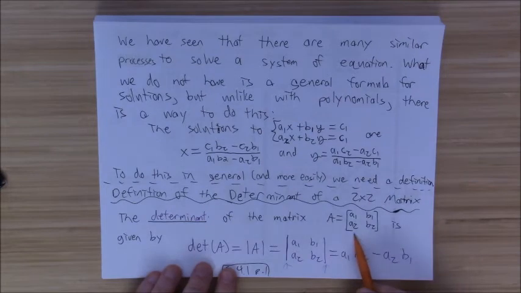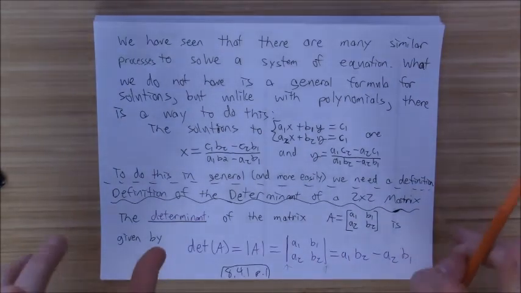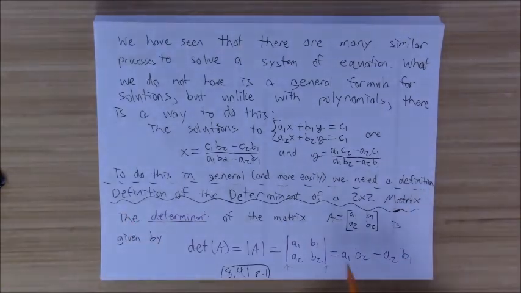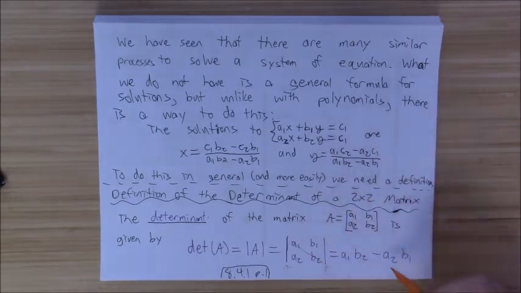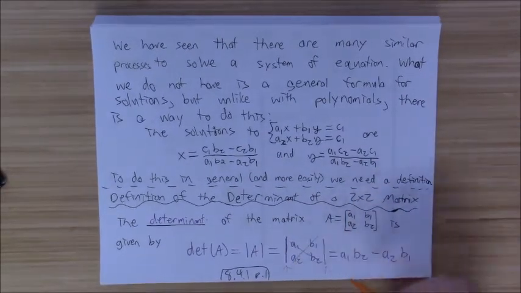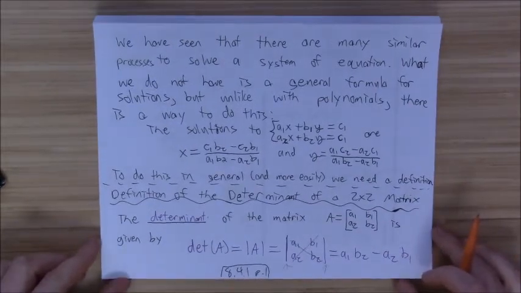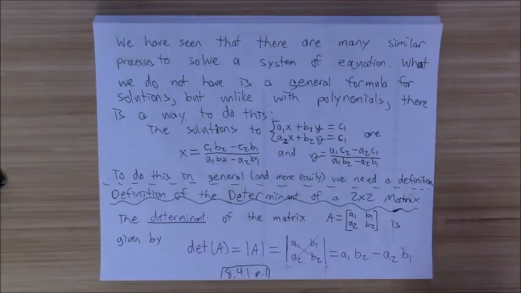This isn't like the matrix, right? These are bars which are telling you to take the determinant, so to speak. And so here we have A1 times B2, namely we do those minus those two multiplied. And if you've been keeping up with the videos, this isn't new. This is what we used to calculate the inverse of a 2x2 matrix.